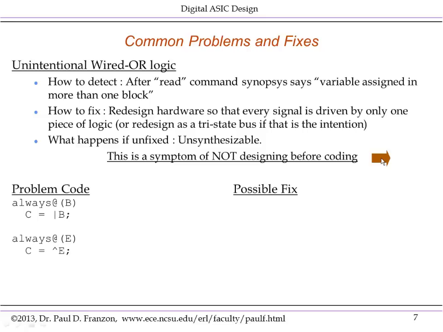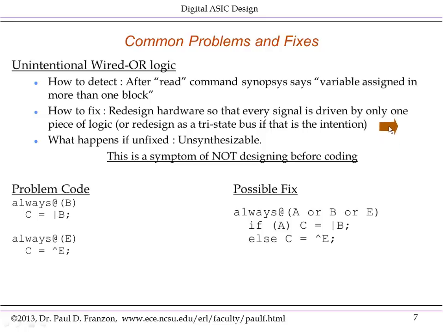So again, here the possible fix I'm presenting is not necessarily a general way to fix this. The best way to fix this is actually to go back and redo the design. But it's plausible here that you intended this to be an output of a mux. You just didn't capture that properly, so a mux might be a good solution if you feel this signal really is a common signal in your design.